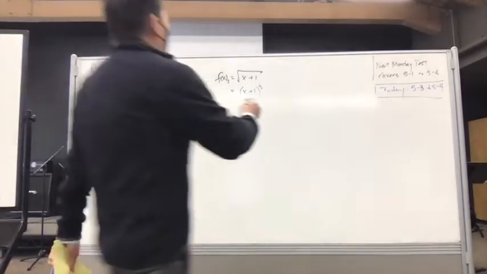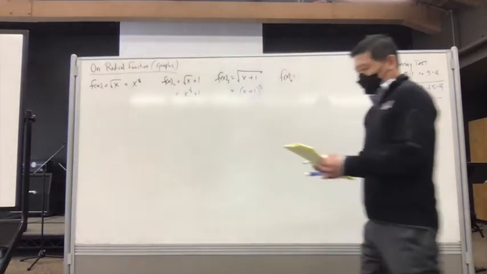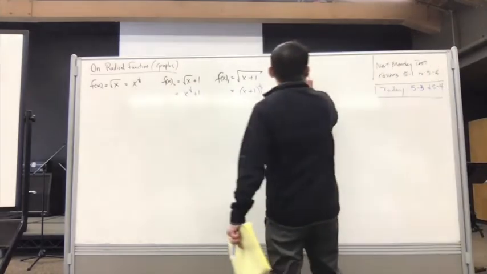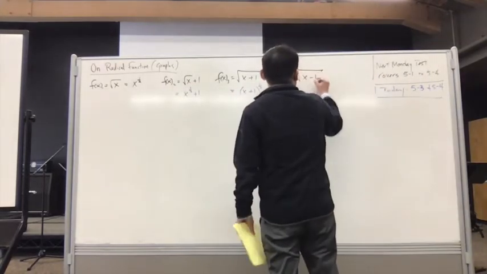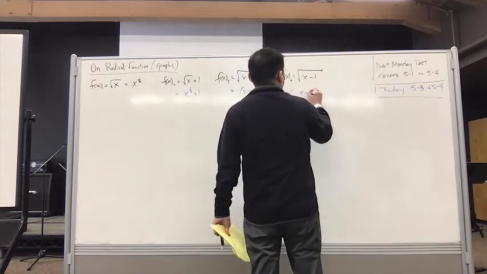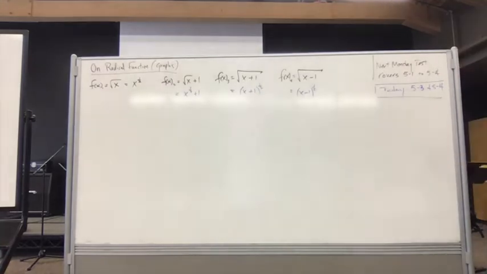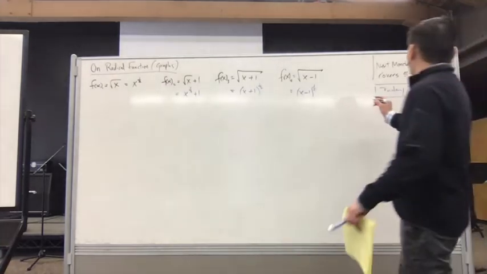Okay? The fourth function: f of x equals square root of x minus 1, and this is equal to x minus 1, to the 1/2 power. And then lastly, actually not lastly, let me do a couple more.